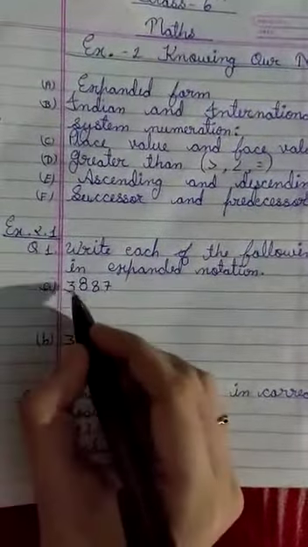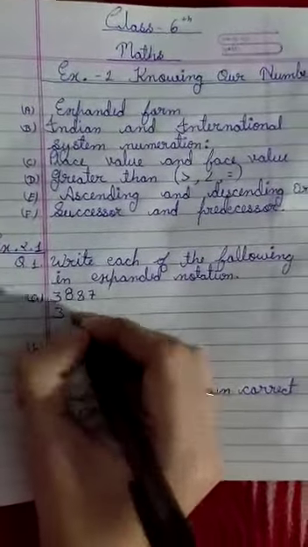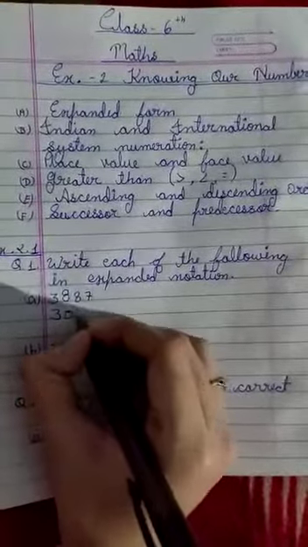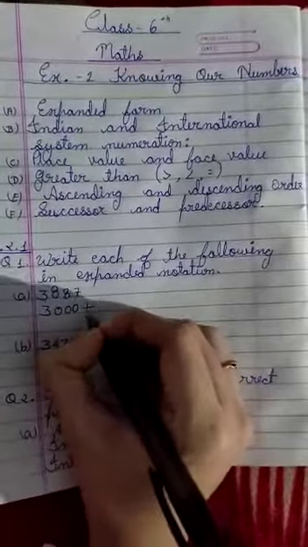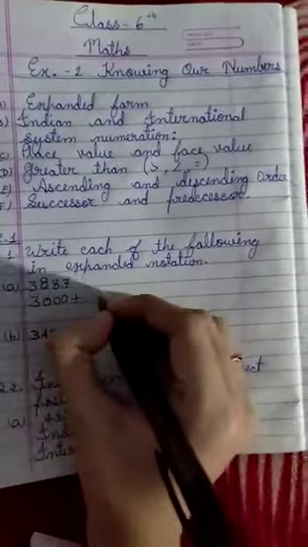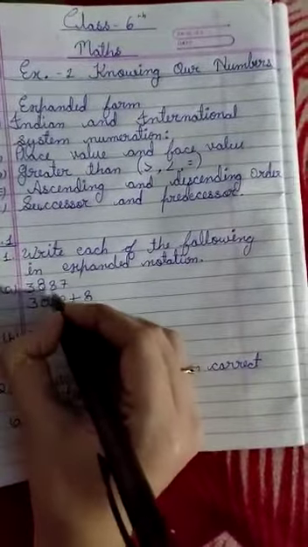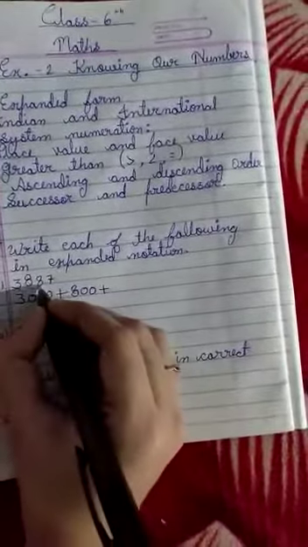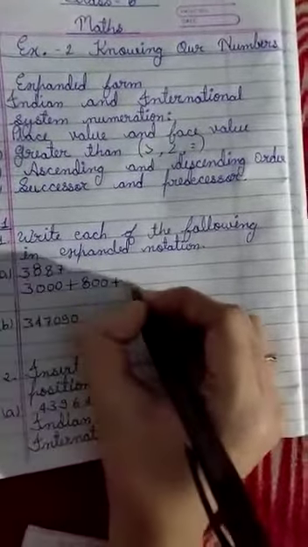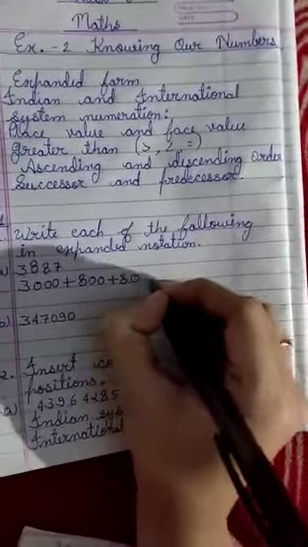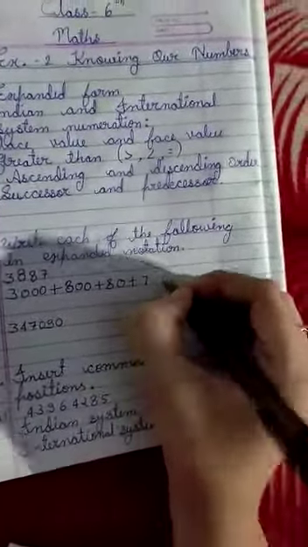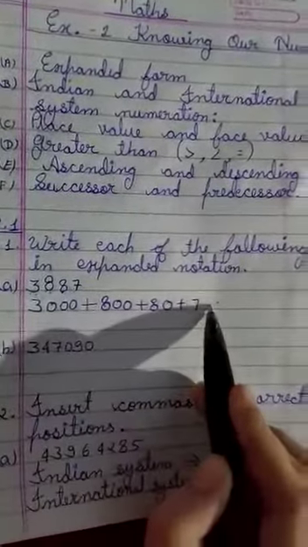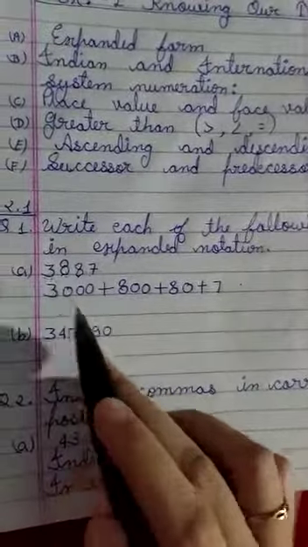Our first digit is 3, so we write 3000, and then add, and our second digit is 8, it is in the hundreds place, so we have 8 hundreds, and our third digit is 8. The last is 7. In expanded form we write the number like this. This is the sum of all digits.